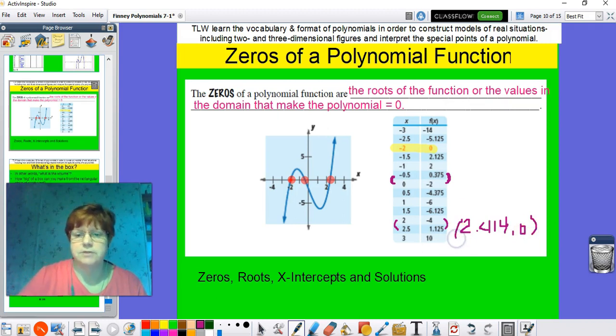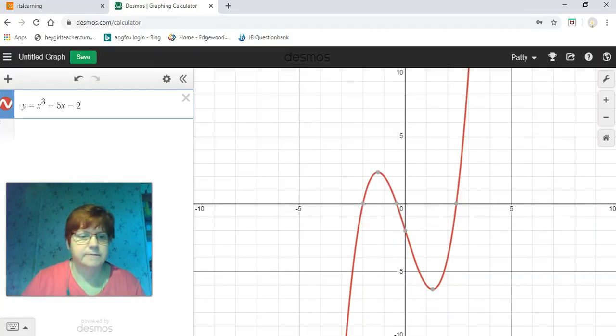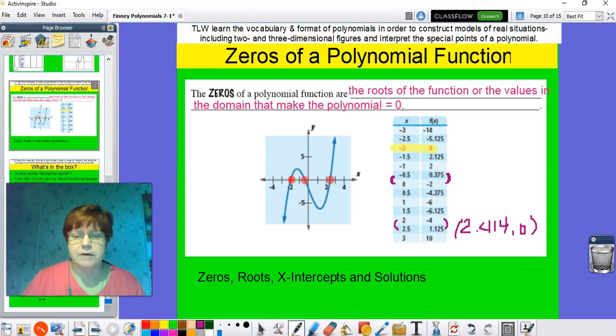That's one of our answers. Then if we go back to our graph, our other 0 appears to be here, and it should be between -0.5 and 0, which is -0.414. So that would be our other one. So we have 3 zeros.